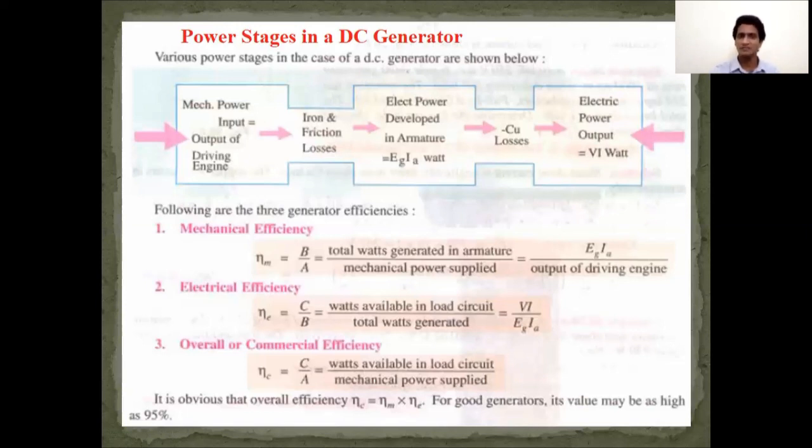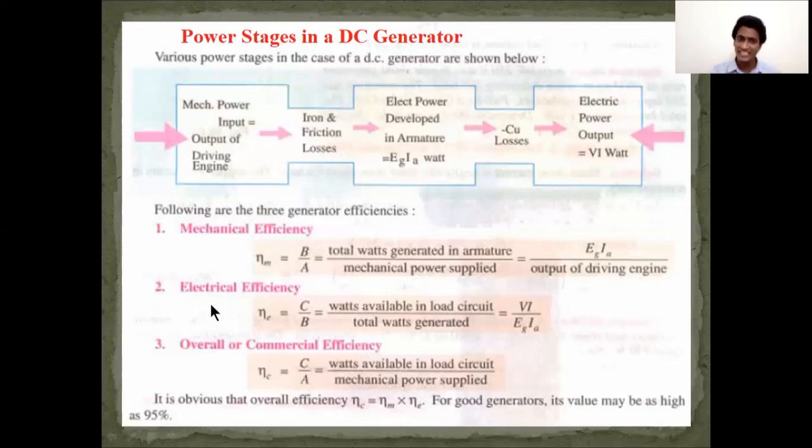So the mechanical efficiency is given as Eg into Ia, power developed in the armature, divided by mechanical power input. What is the mechanical power input? That is the output of my prime mover. Clear? So mechanical efficiency is equal to Eg into Ia divided by output of driving engine.